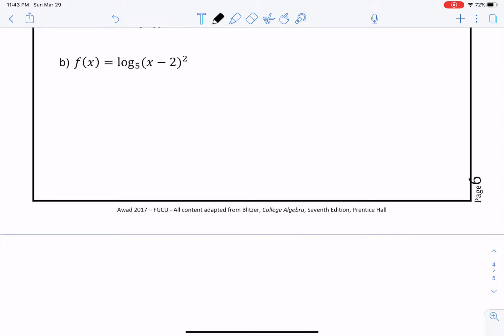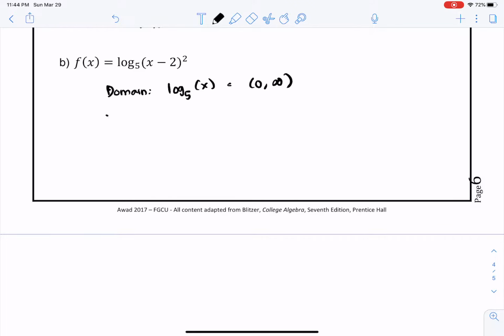So here we have x minus 2, and we'd like to know the domain. We know the domain of log base 5 of x is 0 to infinity. And x minus 2 would simply be shifting to the right. In other words, we have to start at 2, because when I plug in 2 minus 2, I get 0.